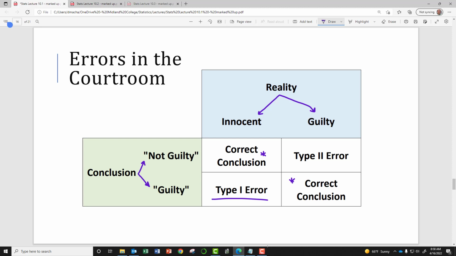Okay, so then when the defendant is truly guilty of the crime and the jury concludes that they are not guilty, this is what we call a type 2 error. Again, using different language to mean the same things. If the alternative hypothesis is true, and you conclude in favor of the null hypothesis, that's what we call a type 2 error.